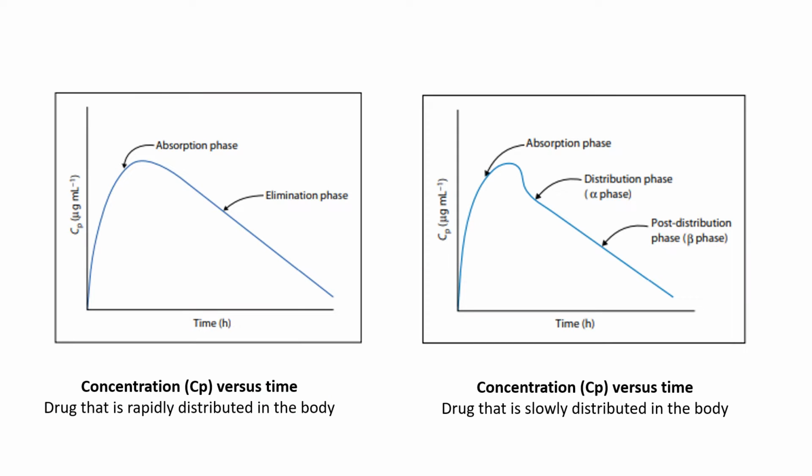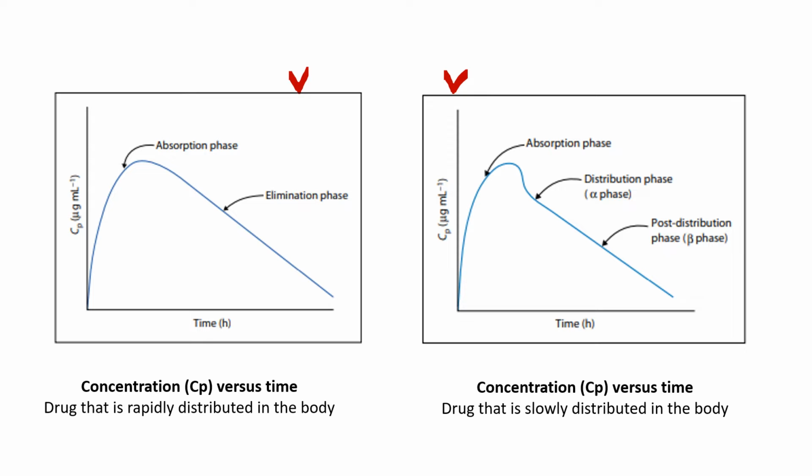When we take an oral drug, the degree of absorption varies based on the nature of the drug as well as the nature of our body. Here you can see two graphs with different PK profiles. In the first graph, the y-axis is the concentration of the drug and the x-axis is time.